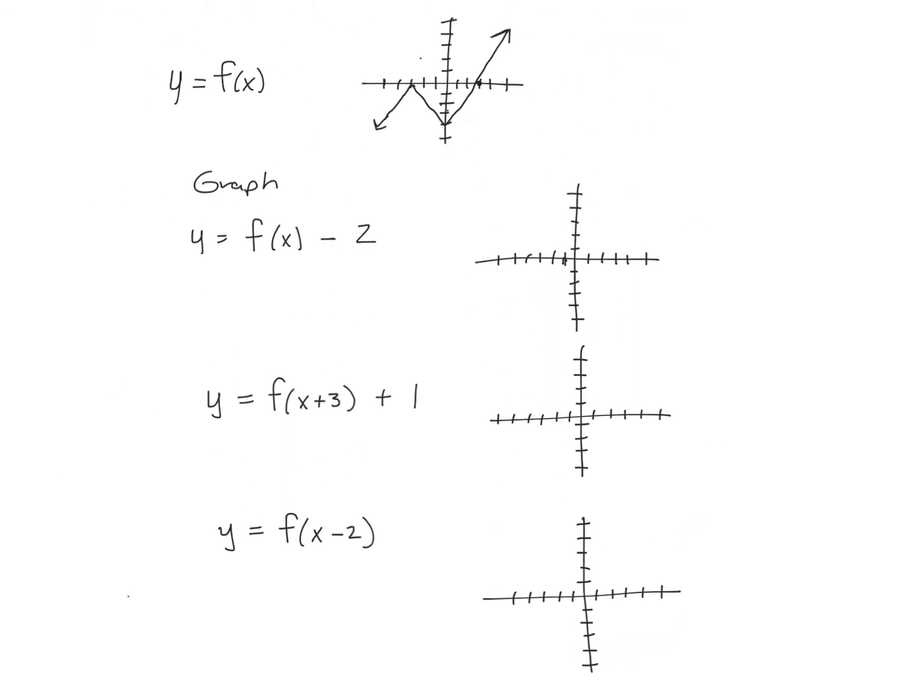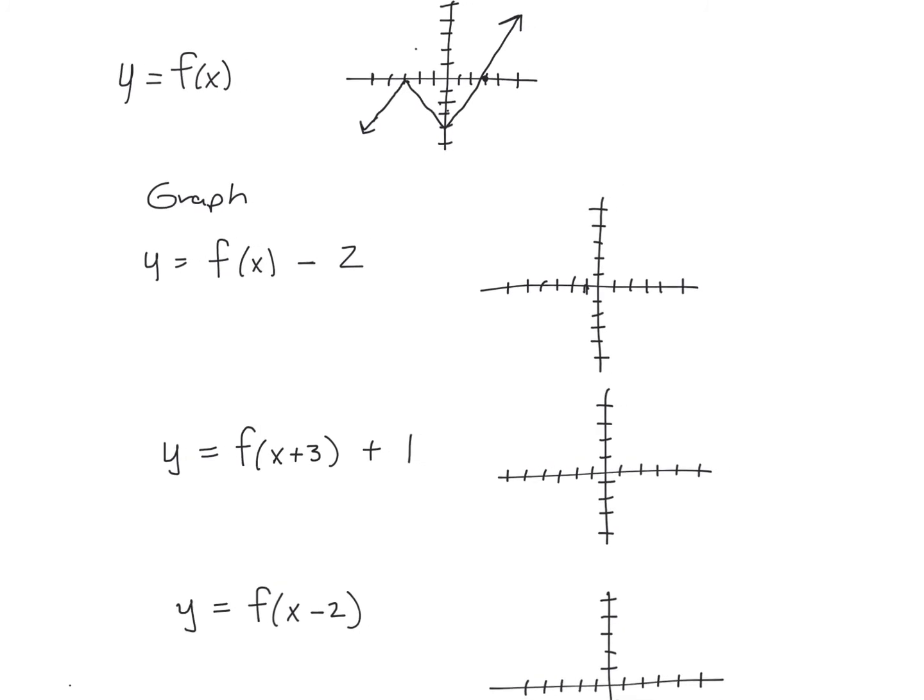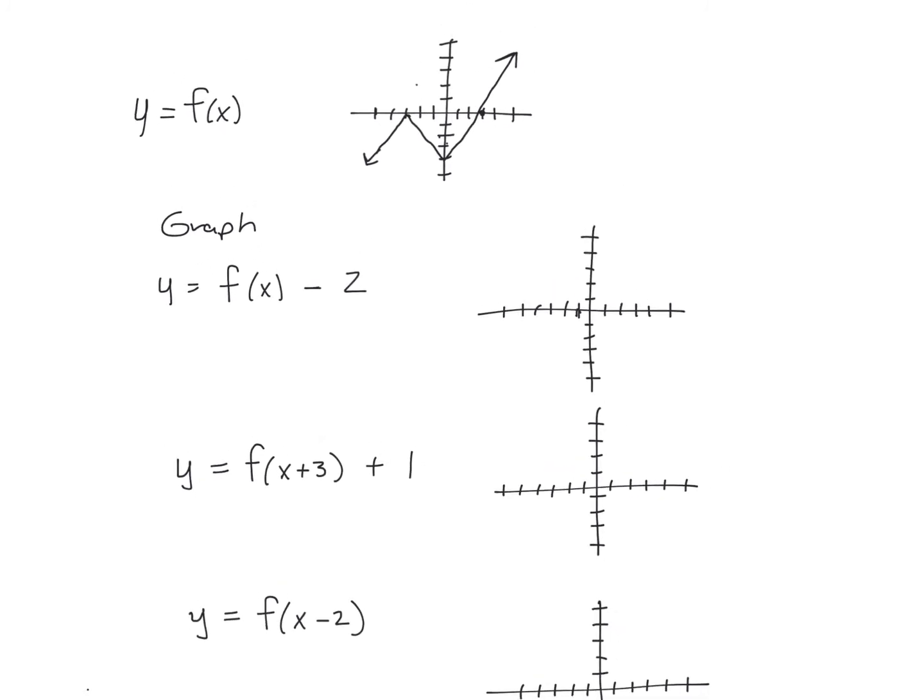Here's another example. You can see a little different shaped graph here with a couple important points. So y equals f of x minus 2. This is going to move this entire graph down 2. So I'm going to look at some of these important points. This negative 3, 0 point, if I move that down 2, I'd be at negative 3, negative 2.